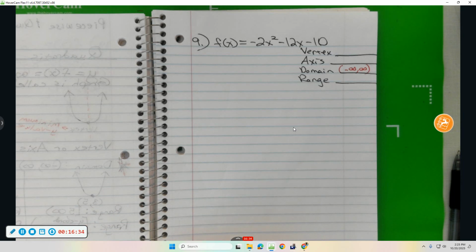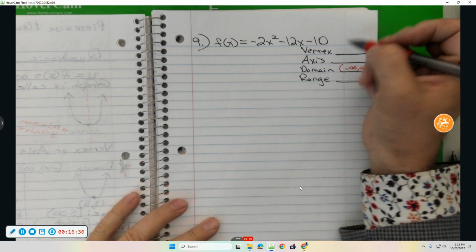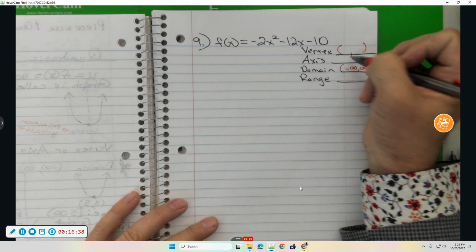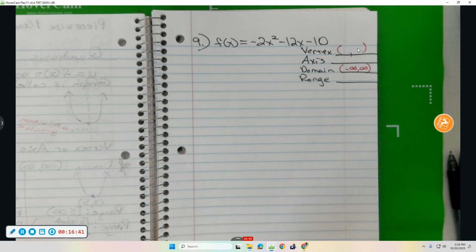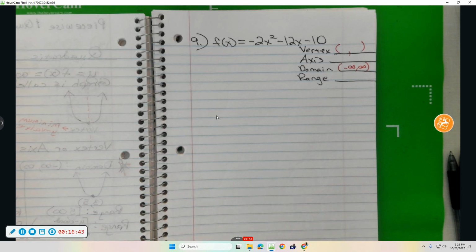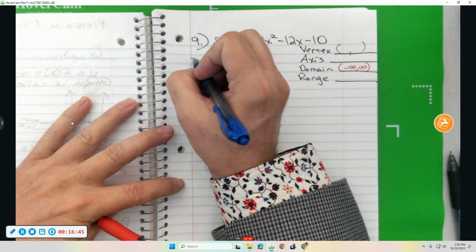Now we're going to determine the vertex. Realize that the vertex is an ordered pair. We use the formula x equals negative b over 2a.